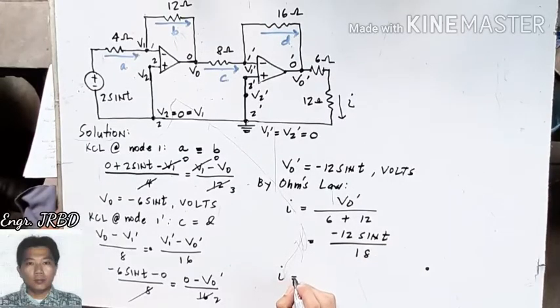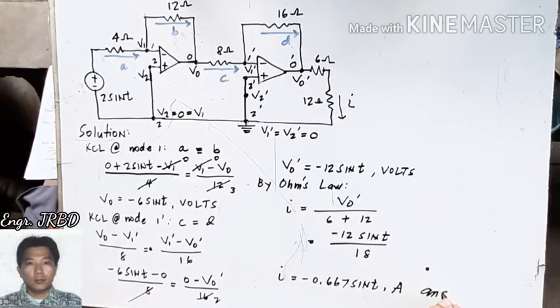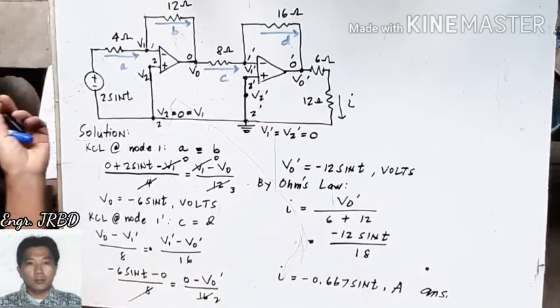So I is negative 0.667, or approximately 2/3 amperes.